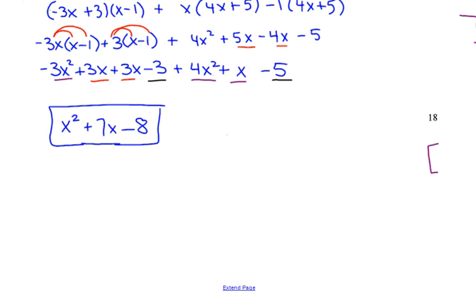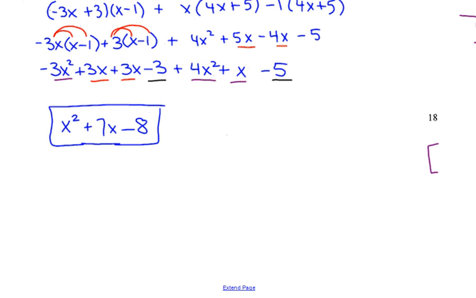Okay, so take a look here. Let's go through this. Negative 3x times x is negative 3x squared plus 3x plus 3x minus 3. These two are going to become a 6, and then this adds to just 1.